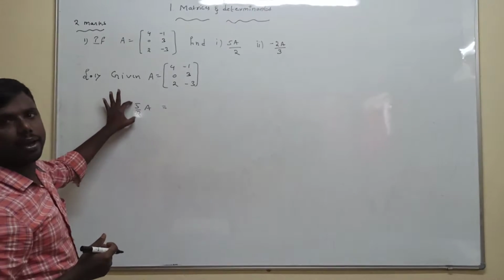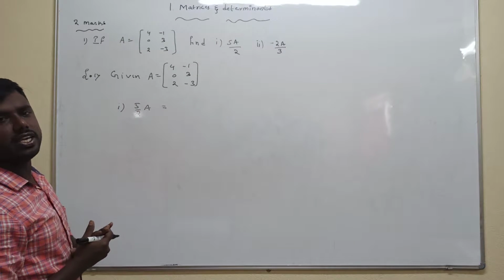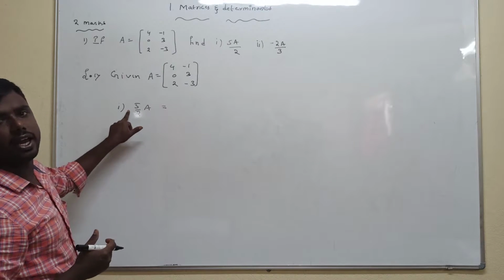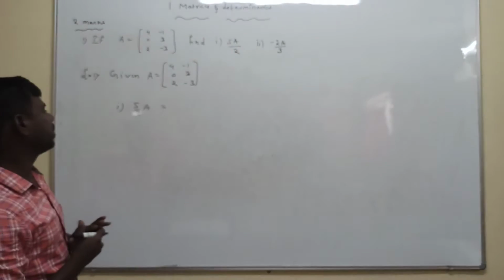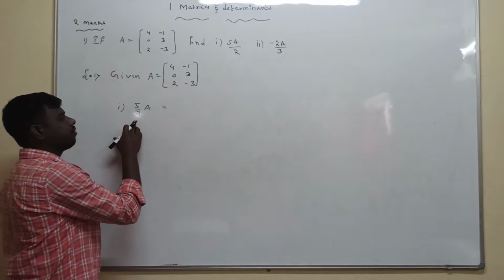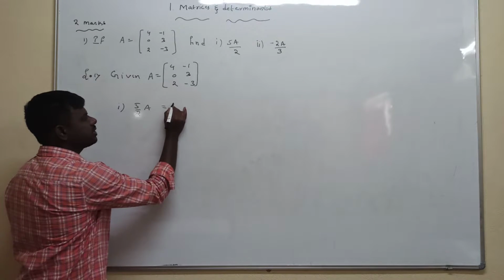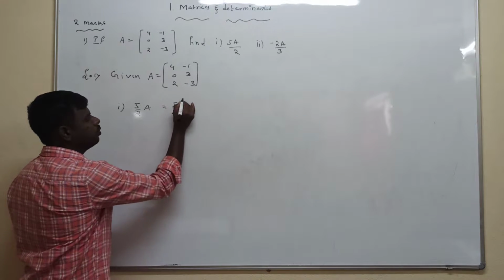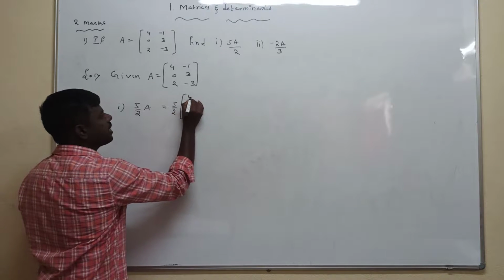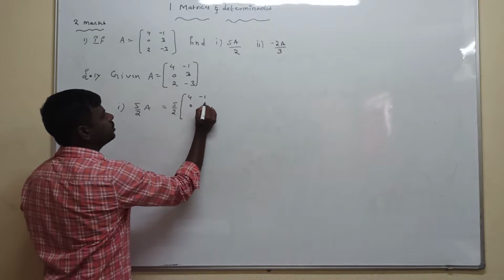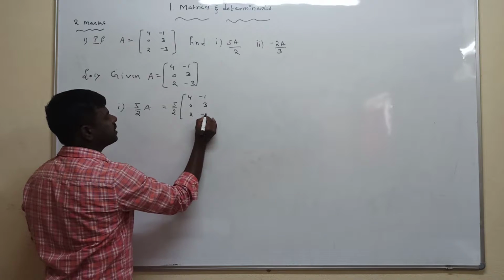Whenever a scalar element and one matrix are given, each element is multiplied with the scalar element 5 by 2. So write 5 by 2 into, substitute A matrix 4 minus 1 0 3 2 minus 3.